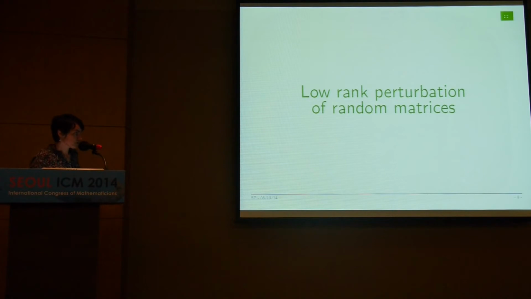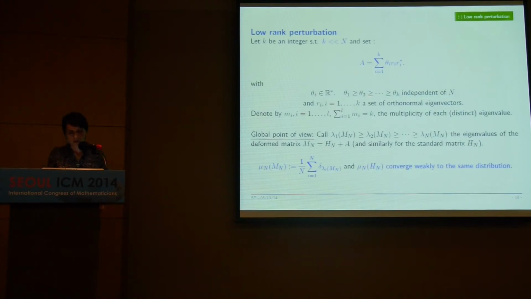I will now turn to the statement of a few results for the low-rank perturbation case of random matrices. So we consider an integer k, which is much smaller than n, and we consider a rank k deformation matrix A. So I need to define the eigenvalues of A, which are theta 1 to theta k.